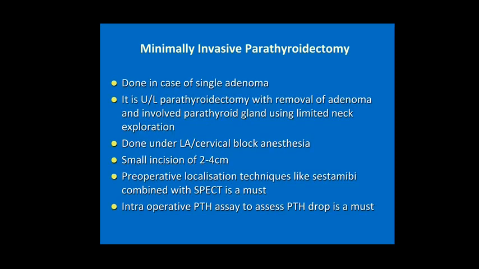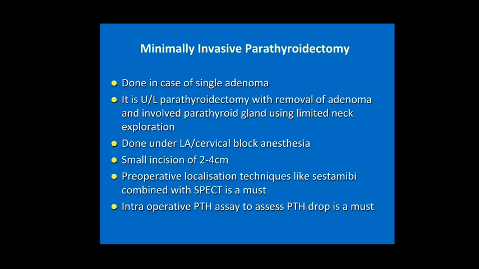Regarding minimally invasive parathyroidectomy, it is done in the case of a single adenoma involving a single parathyroid gland. It is unilateral parathyroidectomy with removal of the adenoma and the involved parathyroid gland using a limited neck exploration. So it can be done under local anesthesia or cervical block anesthesia. The incision is usually small, about 2 to 4 centimeters.